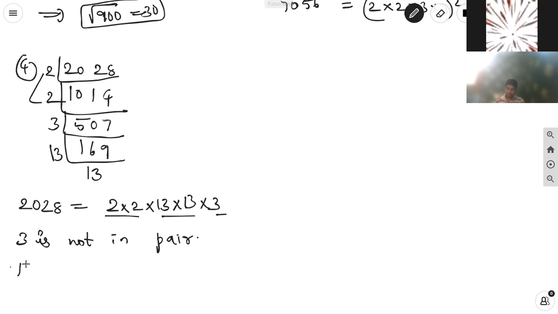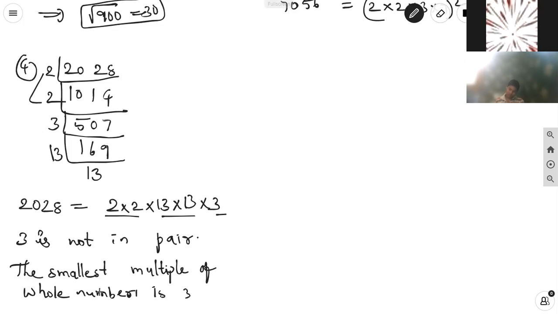So the smallest multiple of whole number is 3.